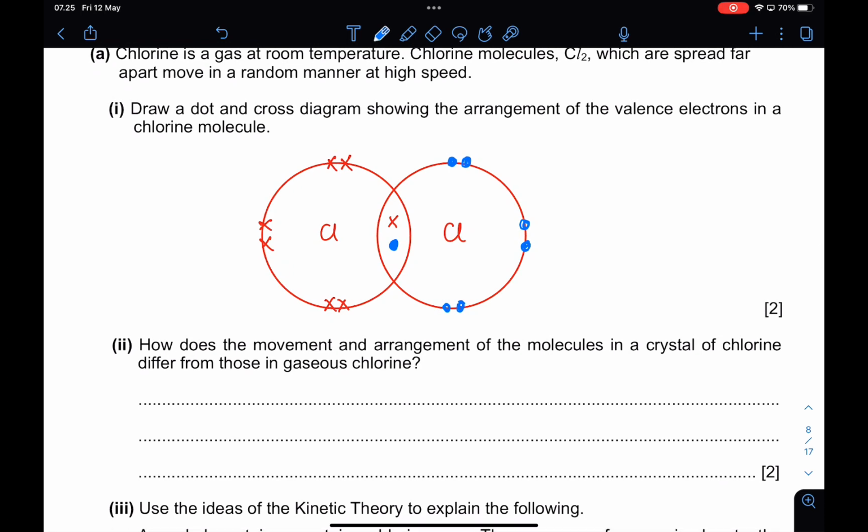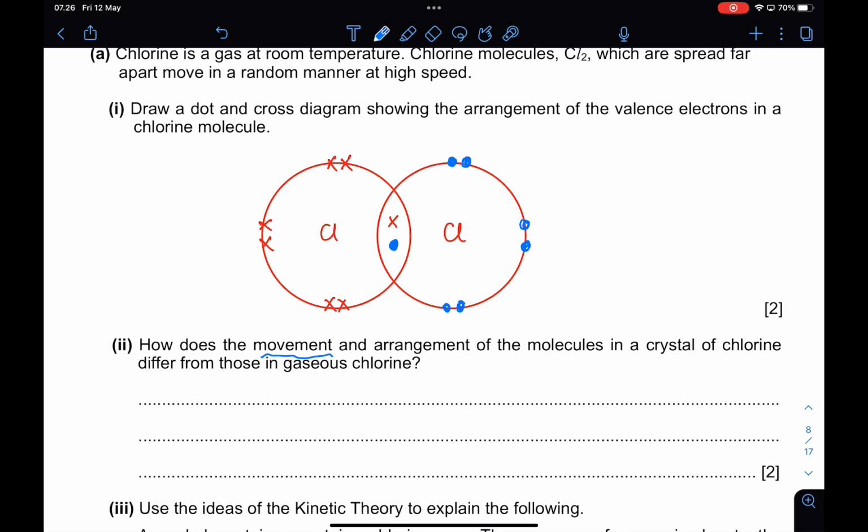Now, how does the movement and the arrangement of the molecules in a crystal of chlorine differ from those in gaseous chlorine? So we want to compare the crystal chlorine, Cl2, in terms of solid, with gas. So basically we are comparing solid and gas. How can you talk about the movement?